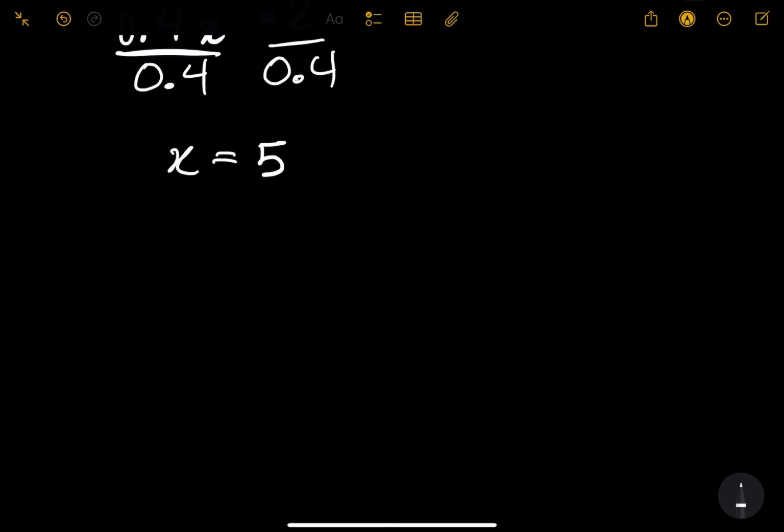Another example we can do is 0.6x plus 3 is equal to 4.2.